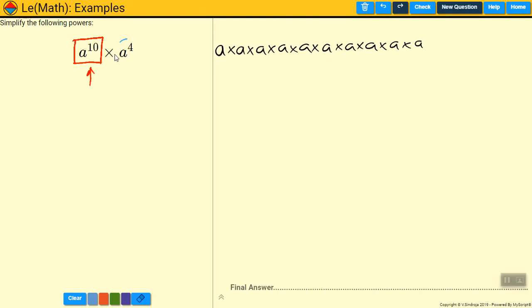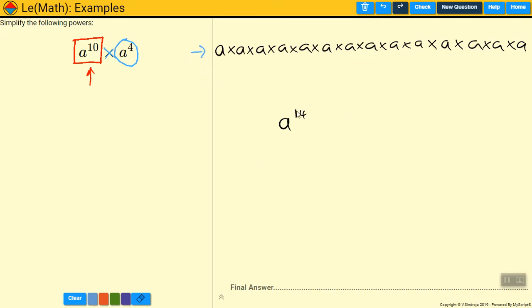Then let's write a to the power of 4 after it, but we're going to copy that times sign first of all. So times a to the power of 4, so that's 1, 2, 3, 4. If you look at this rather large expression, how many a's are there? Well, there's 14 of them. A to the power of 14 is how you'd write this in shorthand.